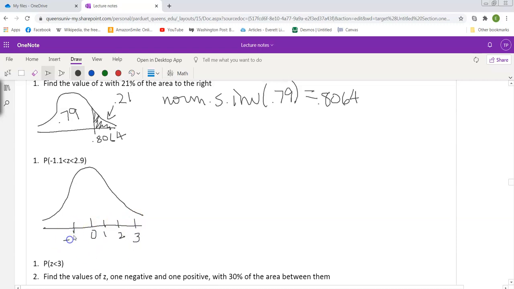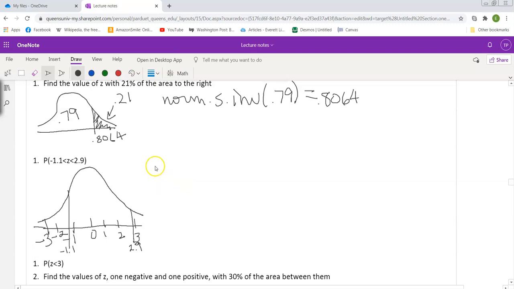You can see the ones I'm doing are kind of lame, but they're good enough that you can get a sense of what's going on. So negative 1.1 is right about here, and 2.9 is just below 3. And we want the area in between them.